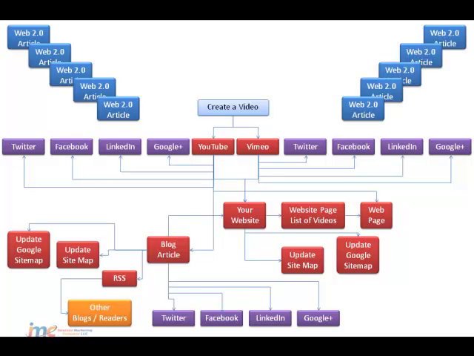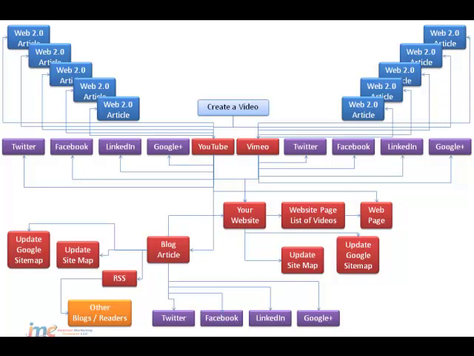Another strategy that you can add to this is to take it a little bit further. What you can do is write 5 or 10 highly optimized unique articles and post them to your Web 2.0 websites. As we mentioned before, these websites accept videos.